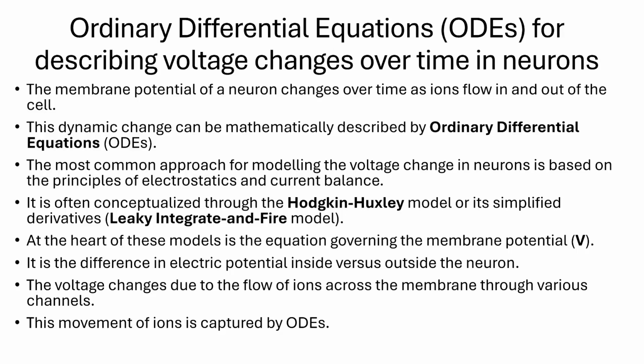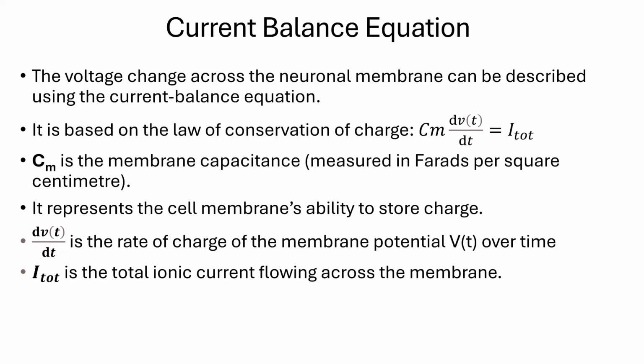At the heart of these models is the equation governing the membrane potential. We will see it now. The voltage changes due to the flow of ions across the membrane through various channels. This movement of ions is captured by ordinary differential equations.